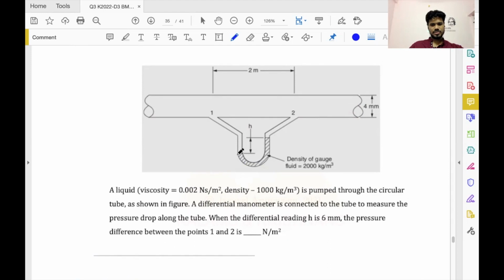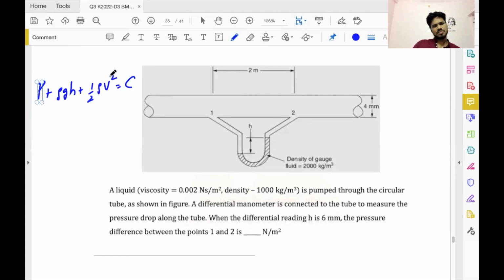Now, how do we do this? Bernoulli's theorem? No, the cross section doesn't vary, and we don't know the velocities here and here. Let's quickly see. P plus rho g h plus half rho v square is constant.